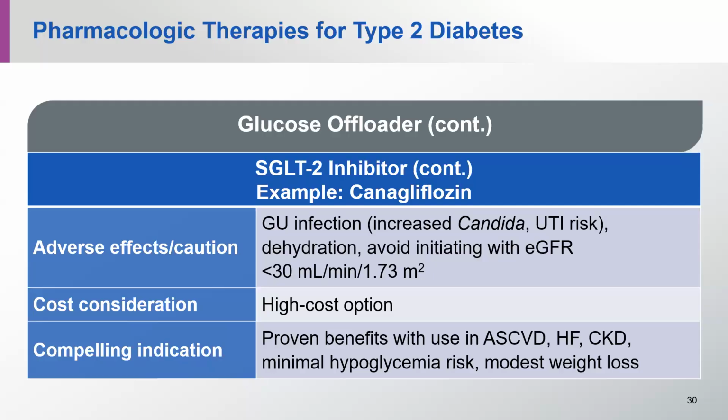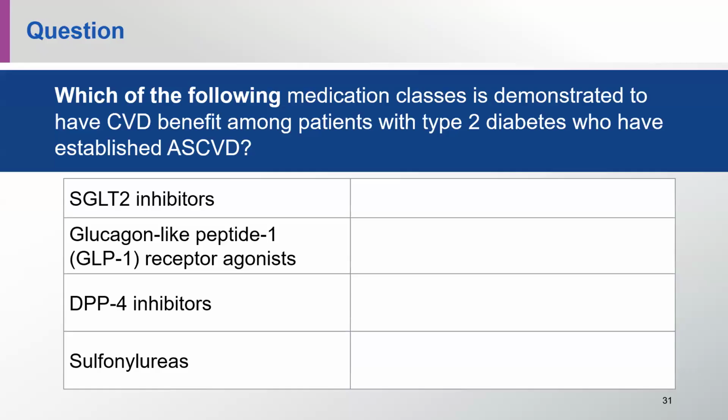It's pretty amazing. Minimal hypoglycemia risk and that modest weight loss. So, which of the following meds is demonstrated to have cardiovascular benefit among patients with type 2 diabetes who have established ASCVD? The SGLT2Is? Yes. The GLP-1 agonists?